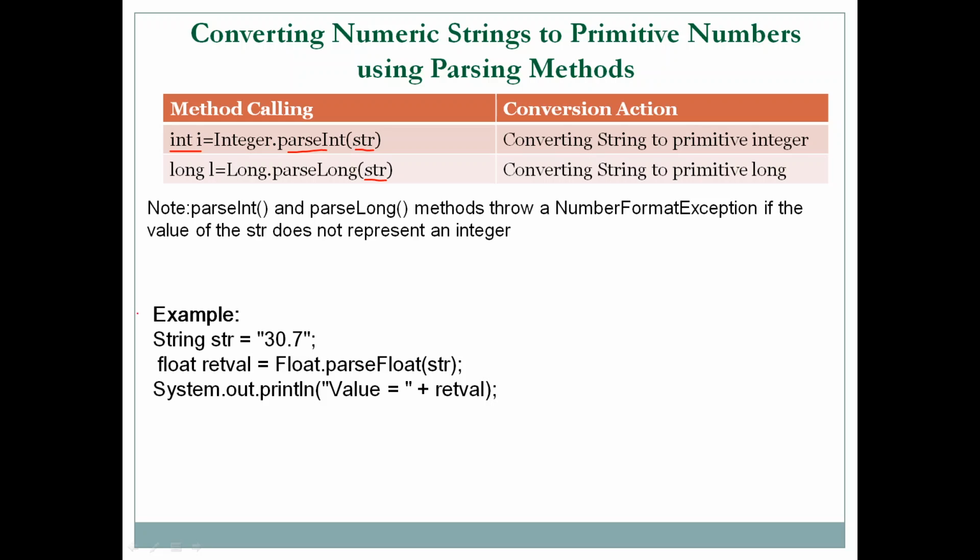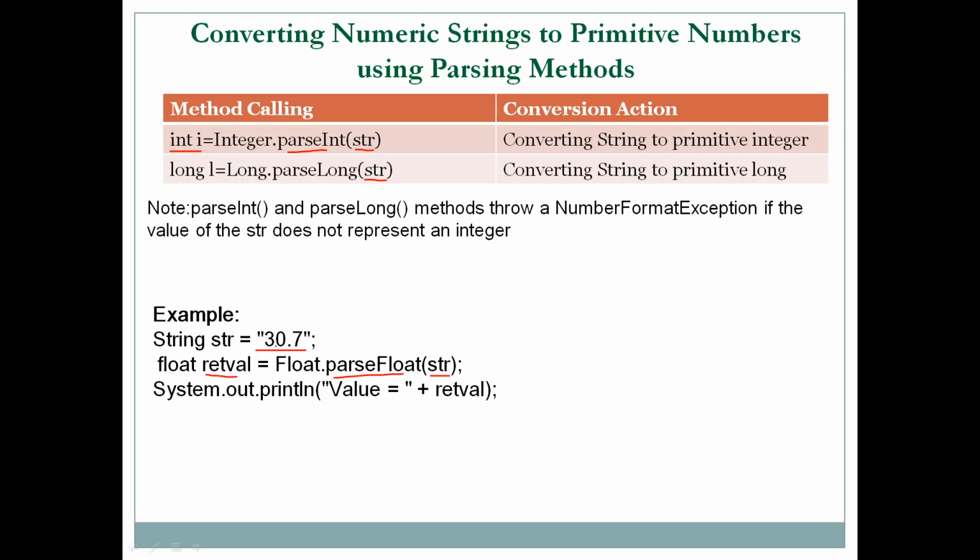Look at the example here. Suppose we have a string with a value 30.7. This is a string, you can see it is enclosed in double quotes, and if I want to convert this 30.7 to primitive float, I may use the method Float.parseFloat. I am passing str. So this str 30.7 is converted into its float equivalent, and that will be stored in retVal.